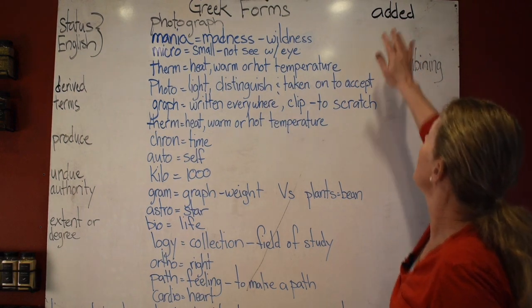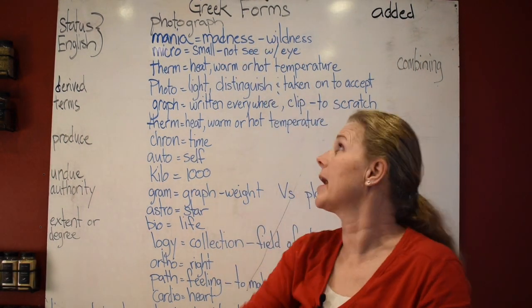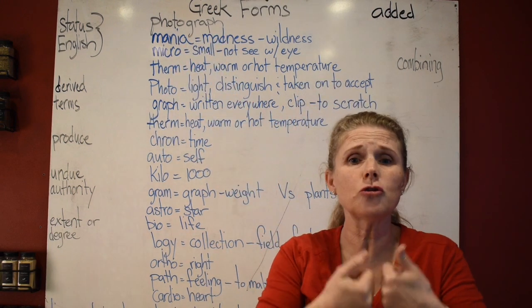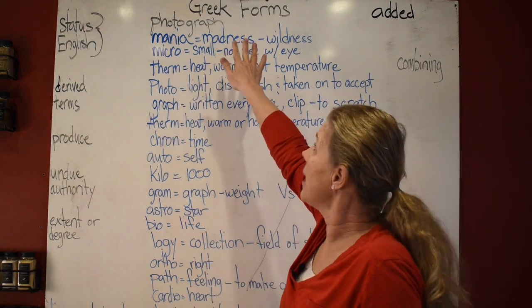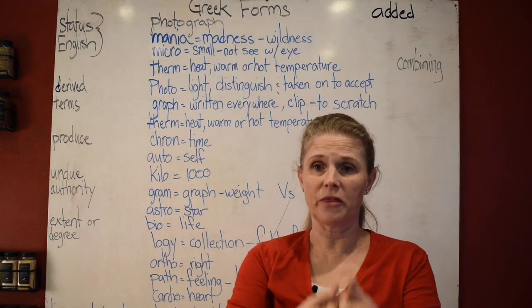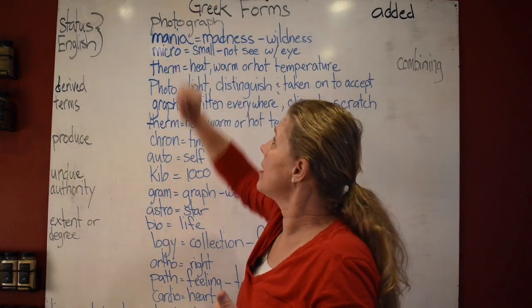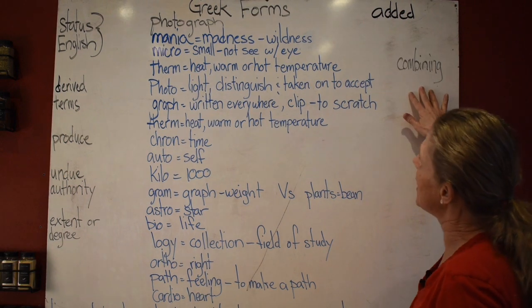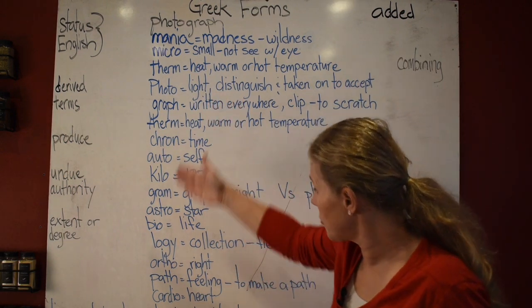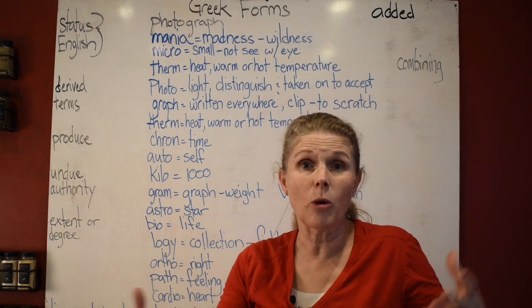So now, you can have two Greek combining forms added together, like the word photograph. Those are two completely different words in the Greek world. They're put together and they're making one word because it's one thing. Now you're combining them with others, or you can combine them with Latin roots, or with other suffixes.